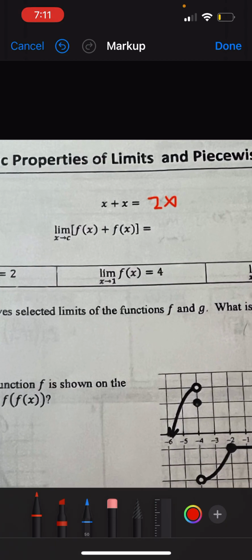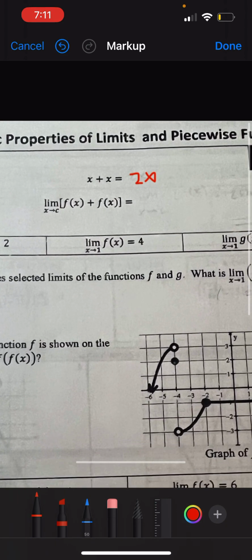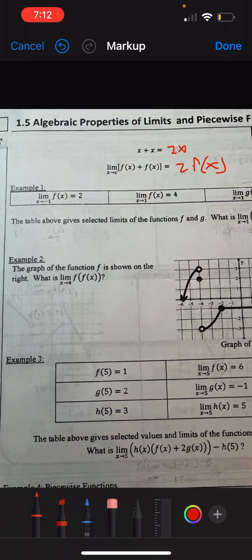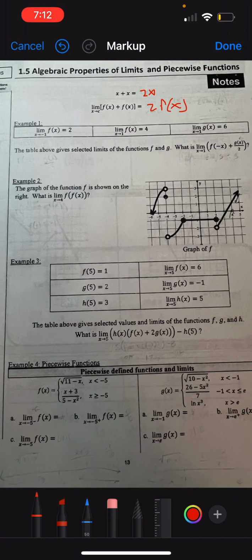So the limit as x approaches c of f of x plus f of x is equal to, I already know that this is 2 f of x, right?